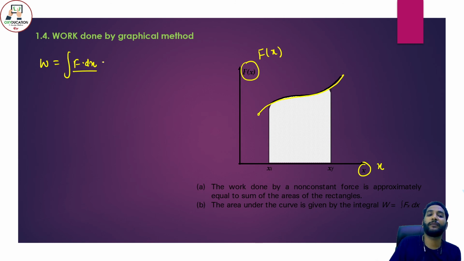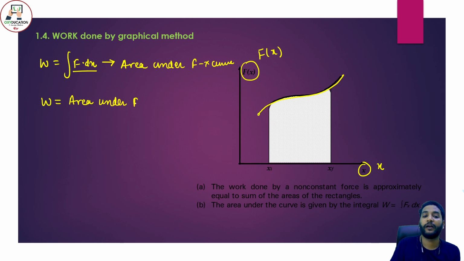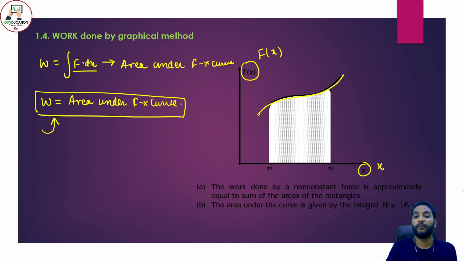What does this mean? It means the area under the Fx curve. So we can calculate the work done by calculating the area under the Fx curve. Means the total area under this curve, from x initial to x final, will give you the work done.